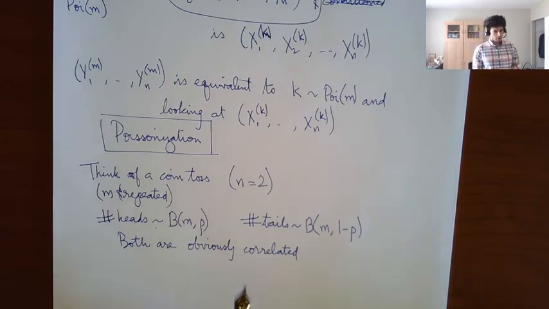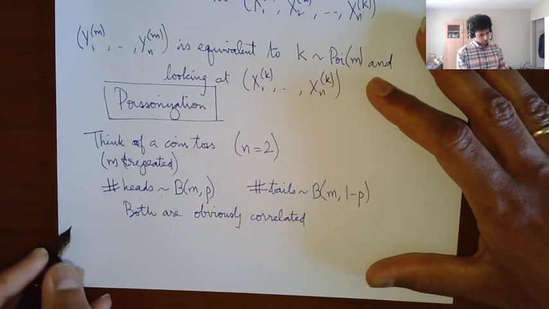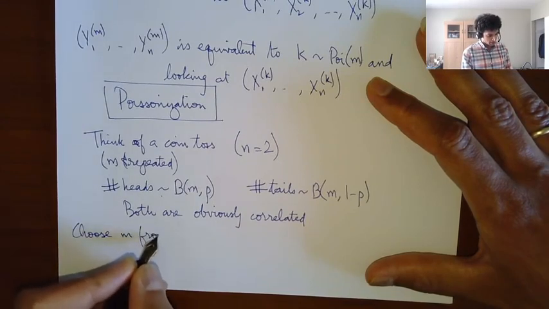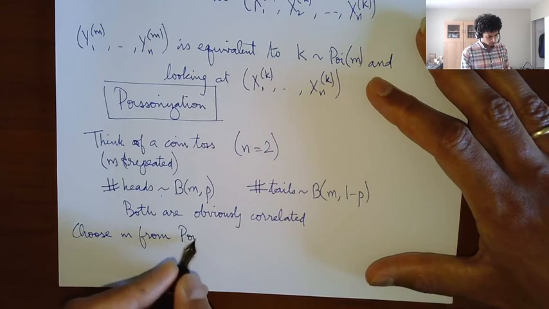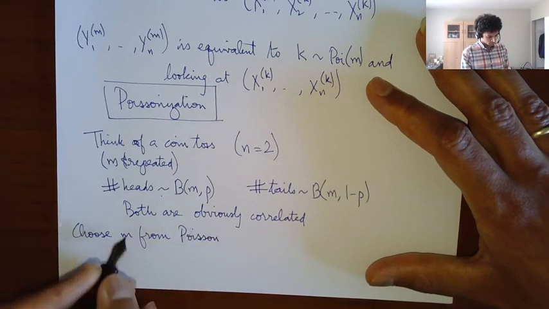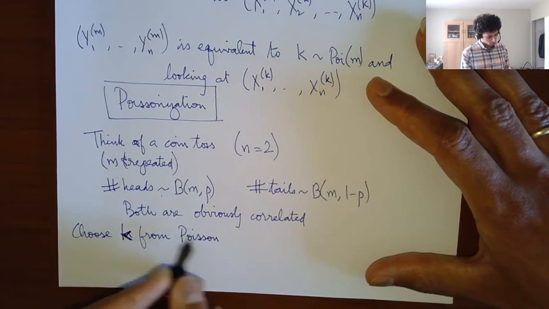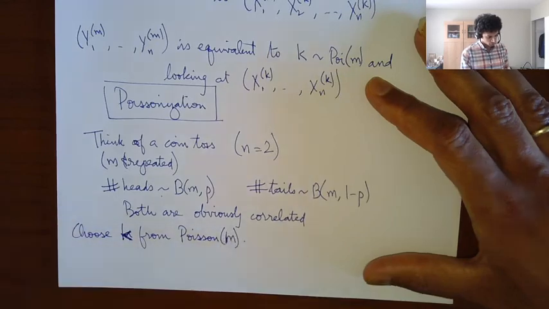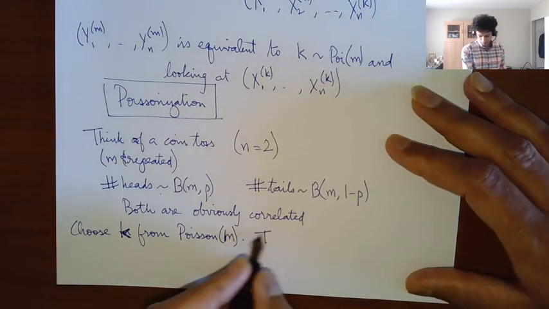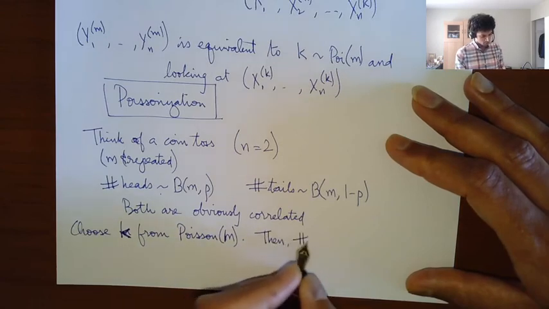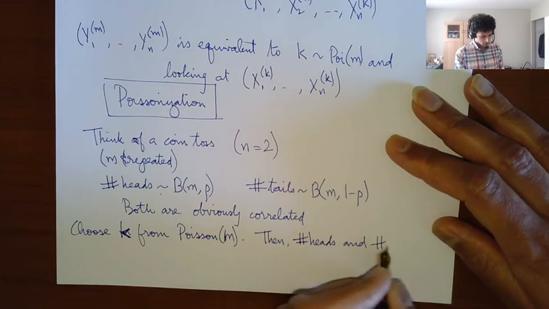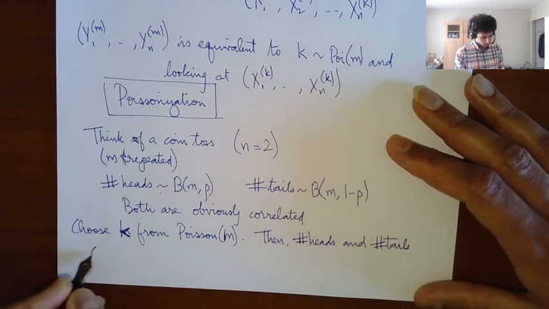The number of tails is distributed as a binomial of m, 1 minus p. Now, choose k from the Poisson with parameter m. Then the number of heads and the number of tails are independent.